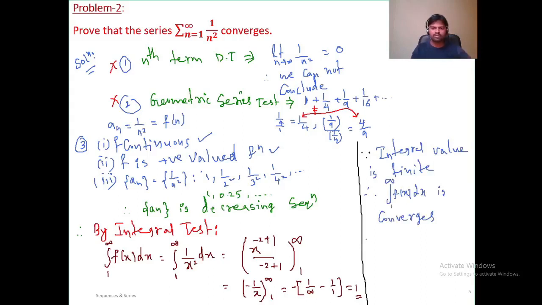So therefore the series 1 upon n square, n running from 1 to infinity, also converges. That's it. I cannot say that the series 1 upon n square is equal to 1 because the integral value is 1. It doesn't mean that the series value is also 1. That is wrong. I can say only the status, converges or diverges. So the series converges by integral test.